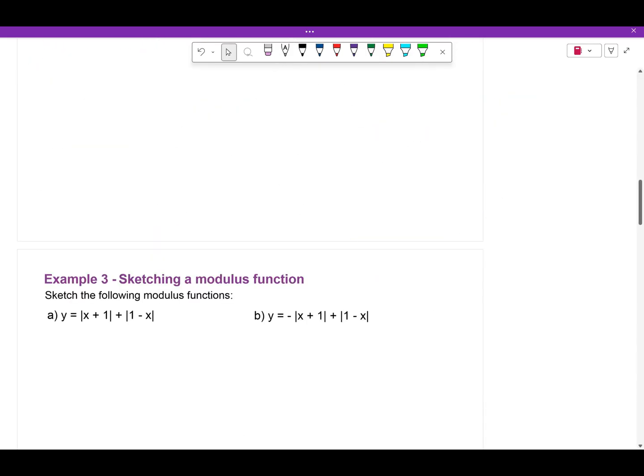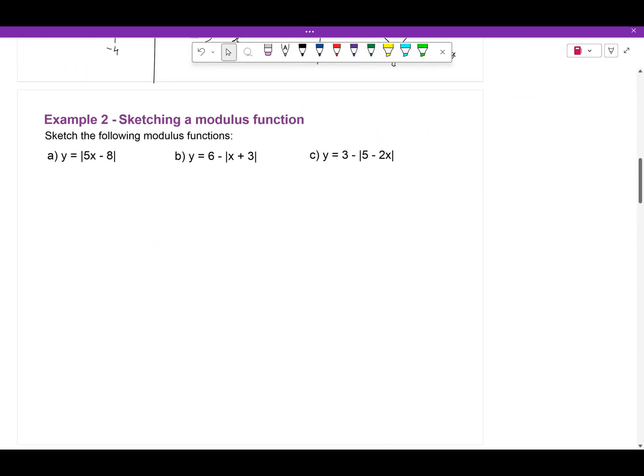Okay. The next one, sketch the following modulus. Again, it looks like 我们这一个是 cannot factor out 的，对不对？ But in fact, we can just factor out, but everything is going to change here.